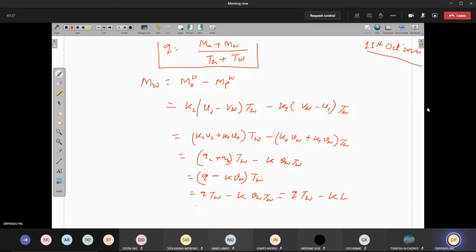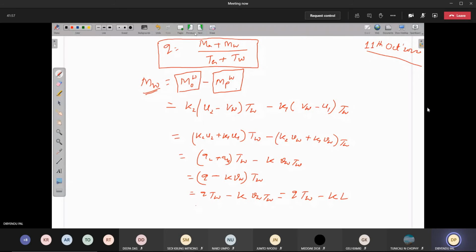To arrive at this equation, if we go back two slides, we have written the difference when the vehicle was moving with the stream, the difference between the number of vehicles that have overtaken the test vehicle and the number of vehicles the test vehicle has passed. This difference we have denoted by MW.